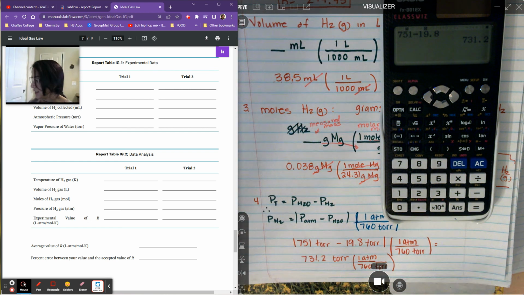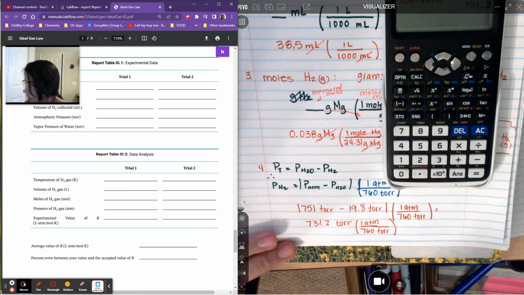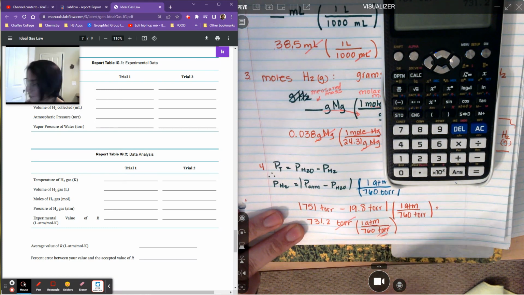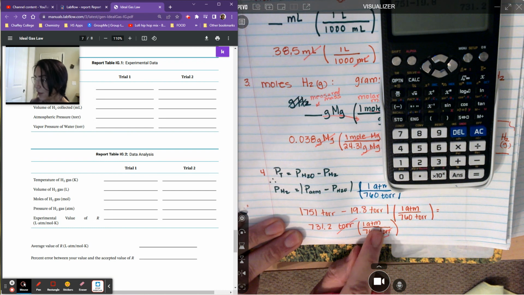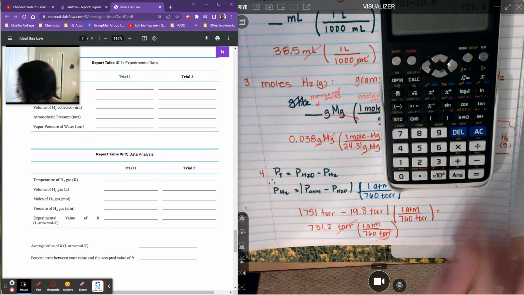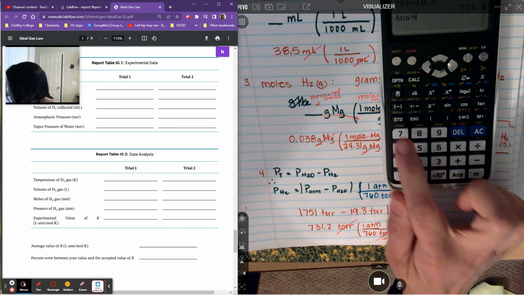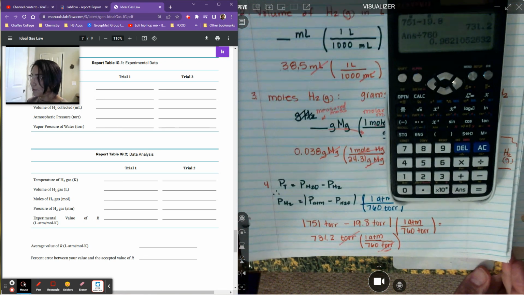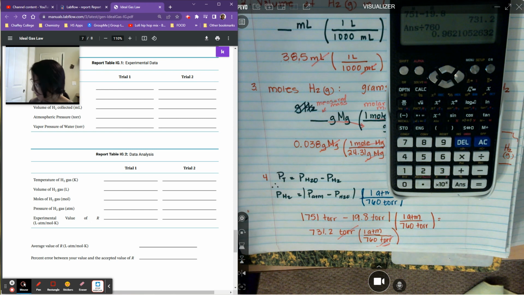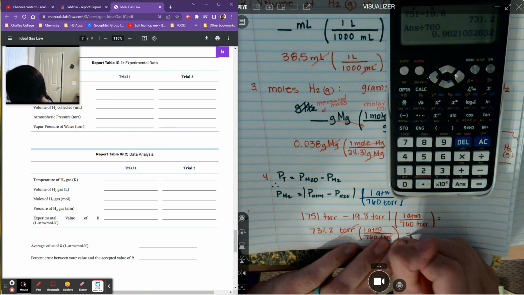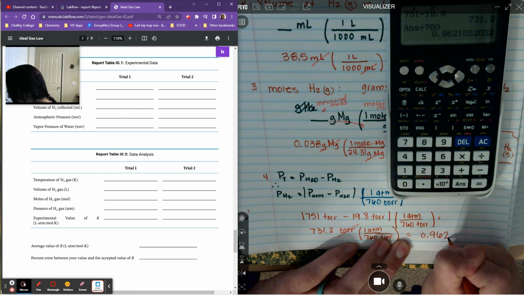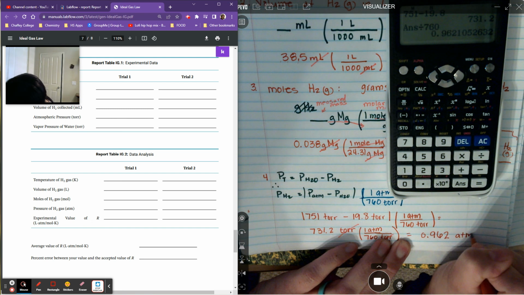We could easily see now how the units of Torr are going to cancel out. So Torr cancels out with Torr, and I am left with a unit of atmosphere, which is what I want. So I'm going to take my answer and divide it by 760. And that gives me 0.9621. And I'm just going to write atmospheres.